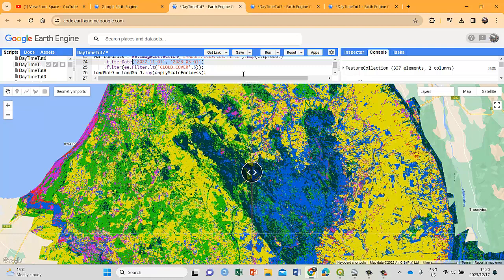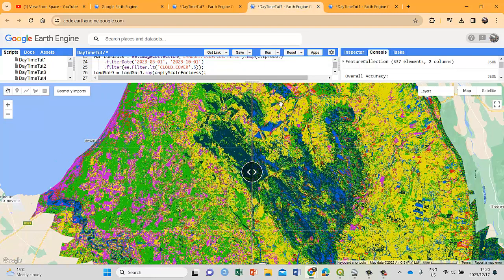So one would assume that there will be much more confusion in the algorithm between bare soil and urban areas, etc. The second image, I call it the right-hand image, is where we looked at winter month images, which is typically May, June, July, August, September, thereabout.